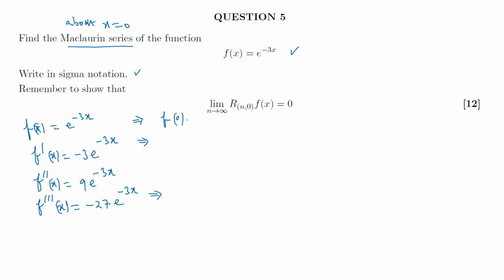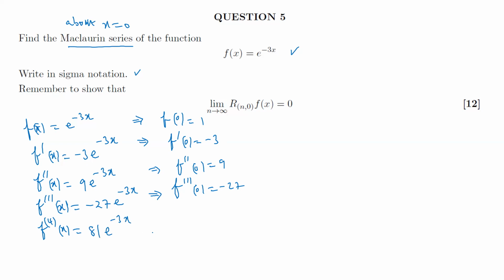Which means f of 0 is 1. Okay, f double prime of 0 is 9. Then the fourth derivative is 81e to the minus 3x, which at 0 is 81.